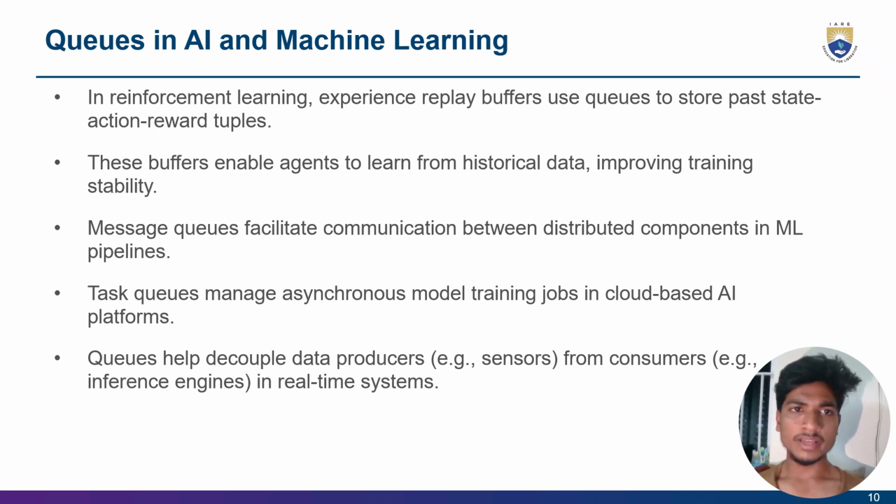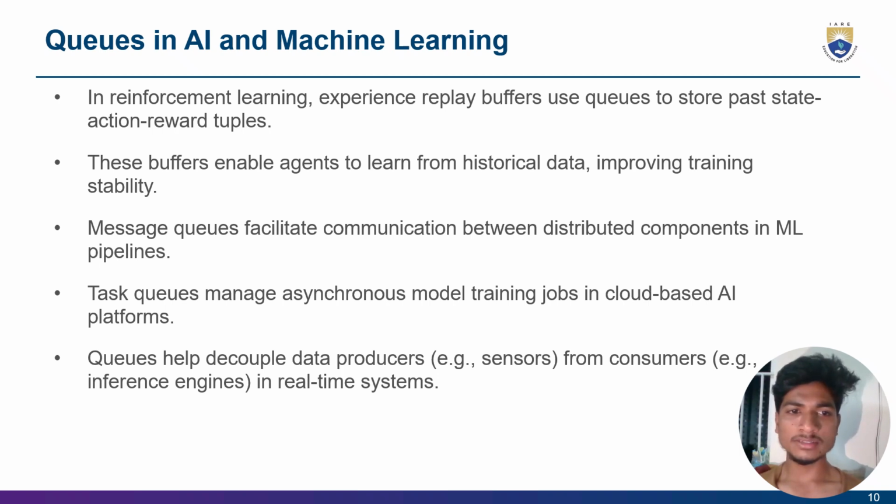And queues in AI and ML, that is machine learning. In reinforcement learning, experience replay buffers use queues to store past state, action, reward tuples. This buffer enables agents to learn from historical data, improving training stability. Message queues facilitate communication between distributed components in ML pipelines.